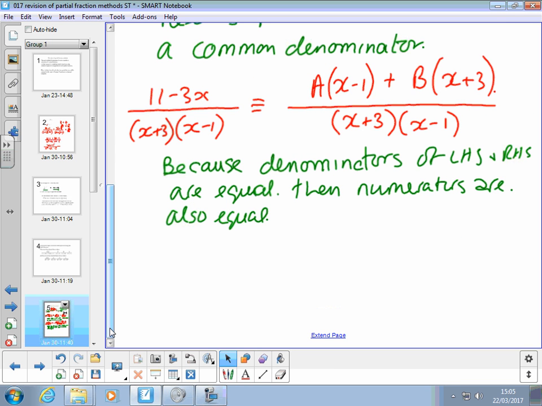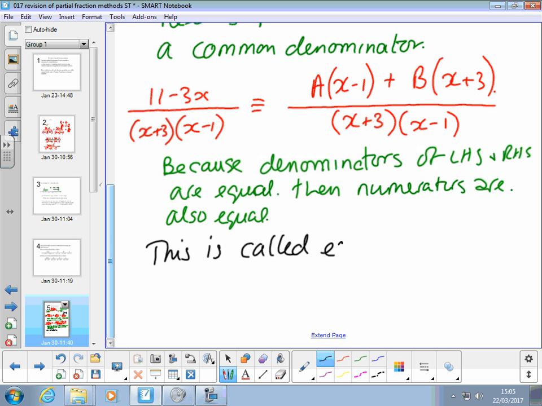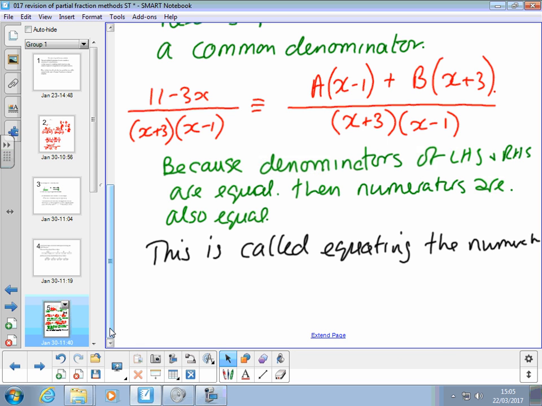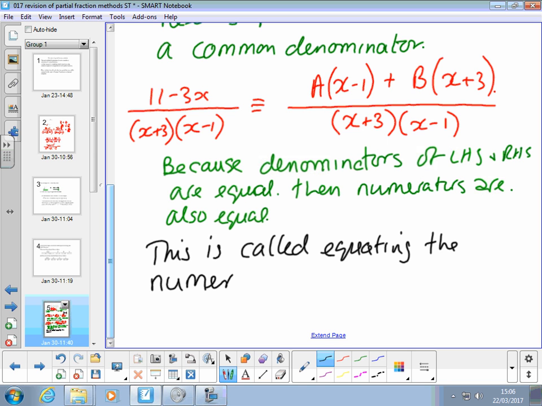And I'm going to put it in a different colour. This is called equating the numerators. So if you were writing out the method, you'd just write now equate numerators, rather than all that stuff in green.